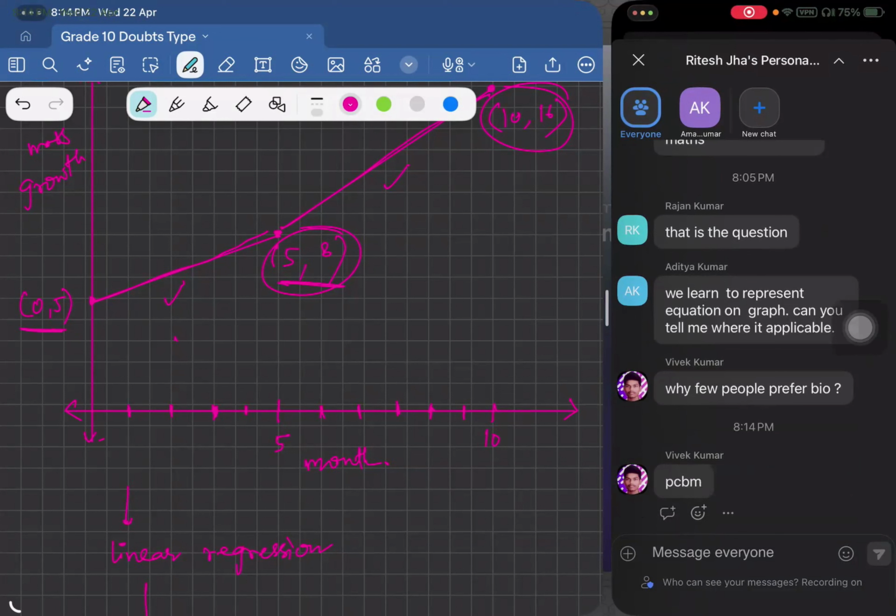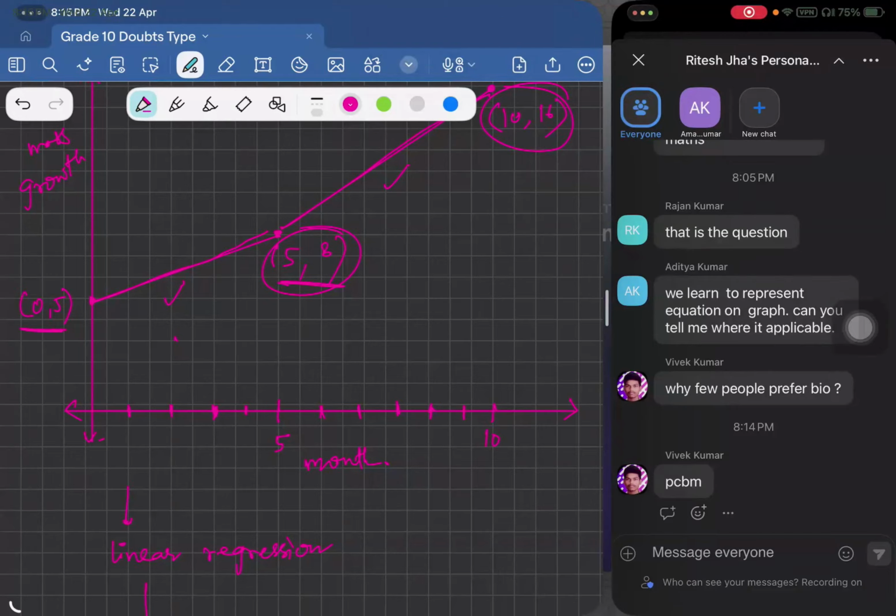If a person is really interested in learning biology, the person will be able to have a different type of understanding of living things, of humans, of animals. Currently, if you are asking why people prefer PCMB, yeah, definitely.